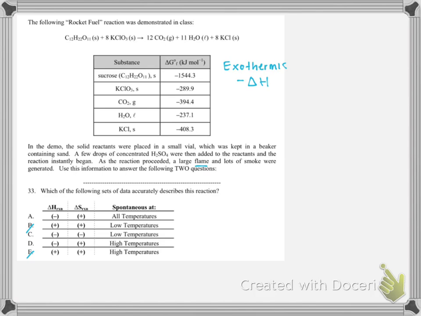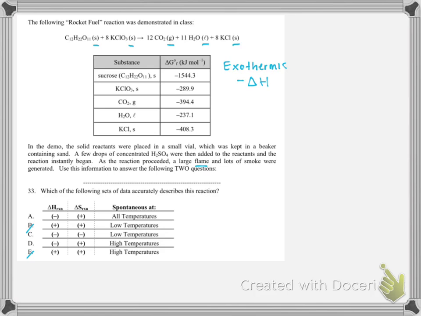And so if we want to think about the entropy, we can look at the phases on our products and reactants. So we're starting with a bunch of solids. Then we make some gas, some liquid, and keep some solid.